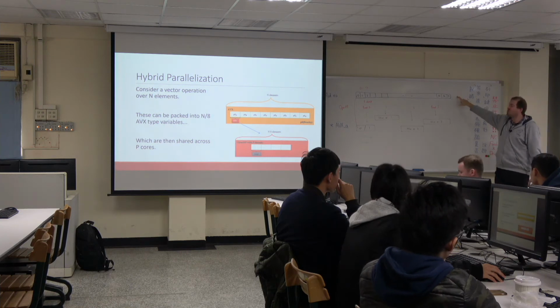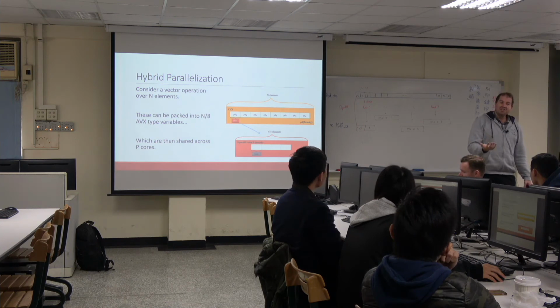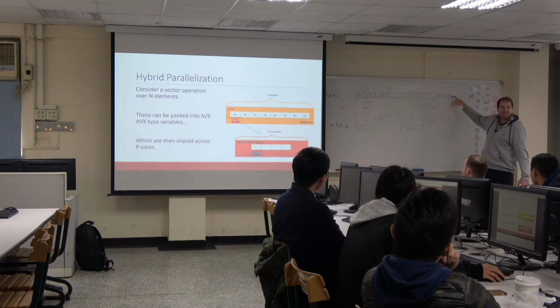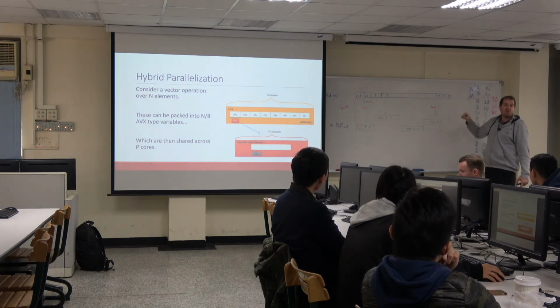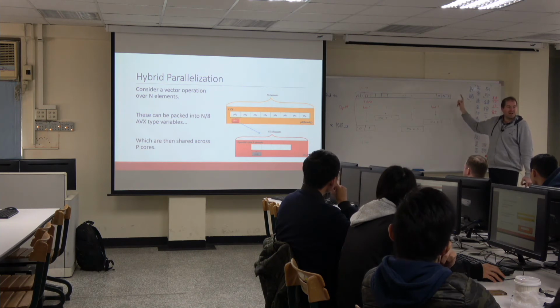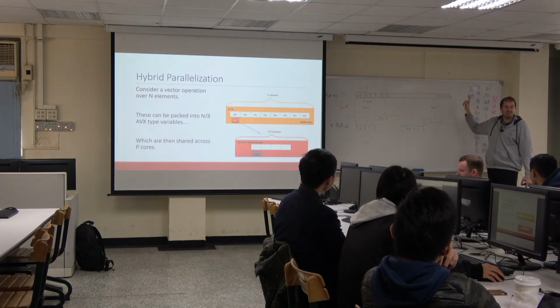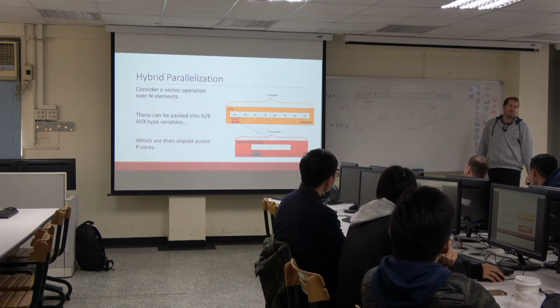So the moral of the story is, if you're using the compiler to help you parallelize automatically, this number needs to be divisible by 8p, where p is your number of threads. If you're writing the code yourself with intrinsic functions, this array needs to be divisible by 8p. If your array is not divisible by 8p, and you're asking the compiler to do vectorization together with OpenMP, you will get a seg fault and it will fail.